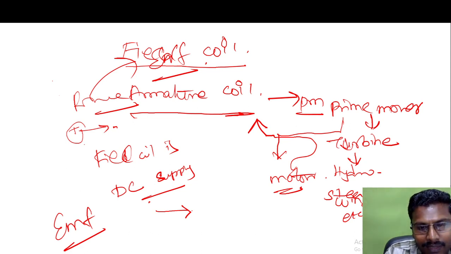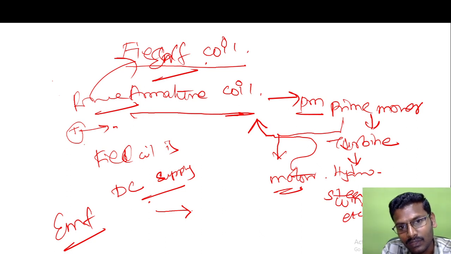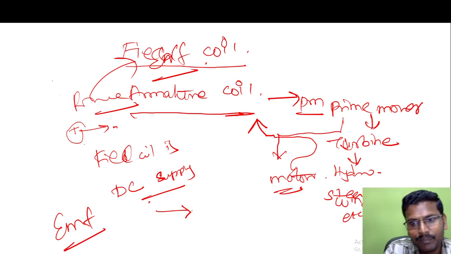Where the DC separately excited generator has separate excitation in the field coil, and the rotor has the armature coil, which is being rotated by the prime mover.